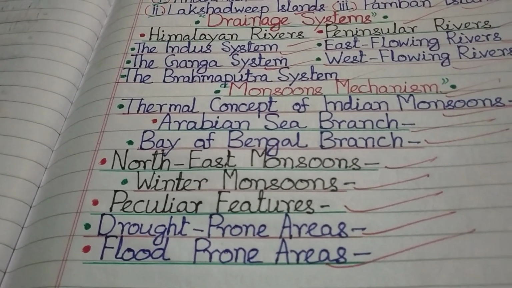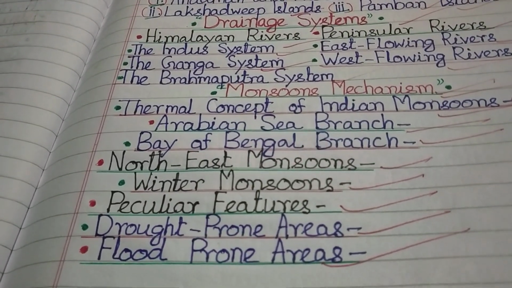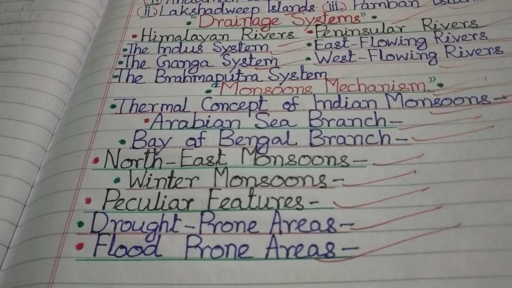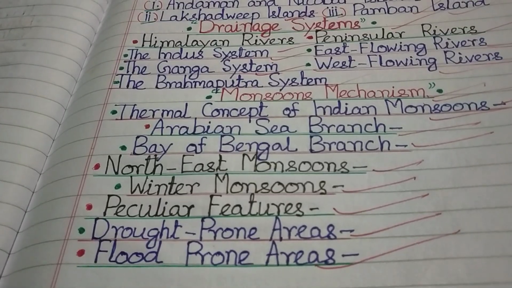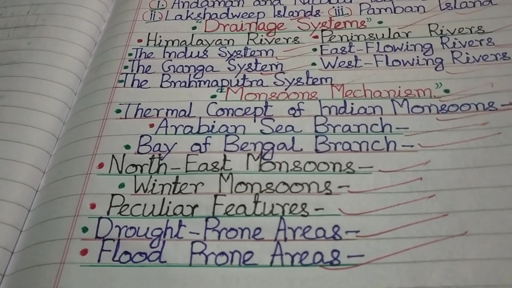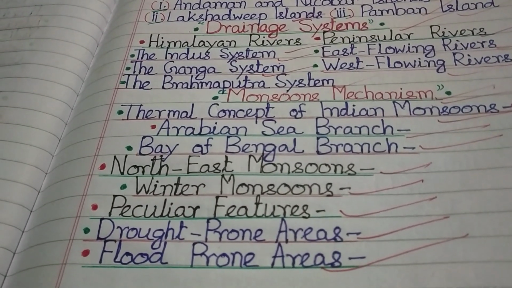Two factors are mainly responsible for this thermal heating, and these are: one is the vast size of the Indian subcontinent and adjacent seas.